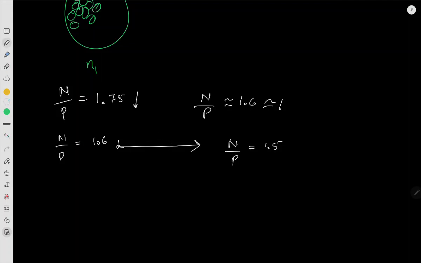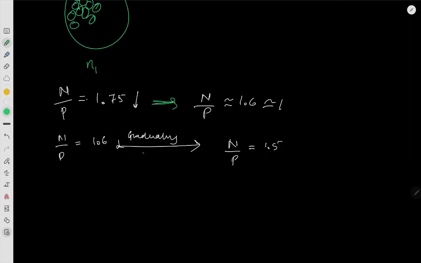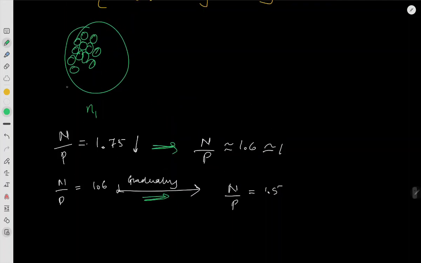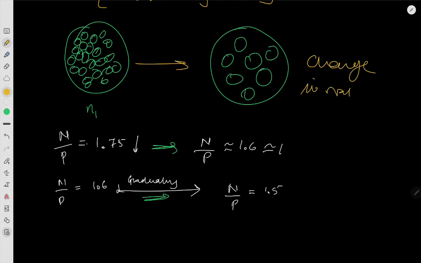So now that you understood this, I'll write this as a transformed sign. I'll complete this diagram like this, fill in some random element and make some bigger one. Change in ratio.